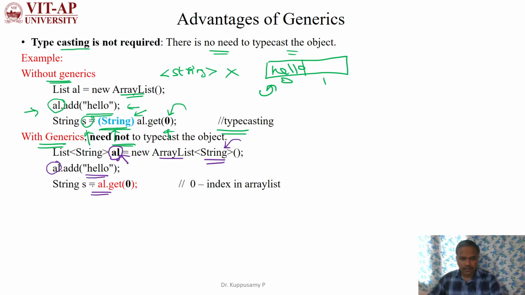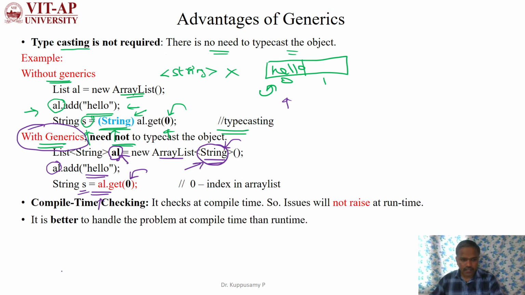Automatically it will store that value as a string. Here I am accessing the value at the zeroth index, and there is no need for explicit type conversion. Type conversion is not needed when we are using generics, because generics will store only the object of the data type you mention.